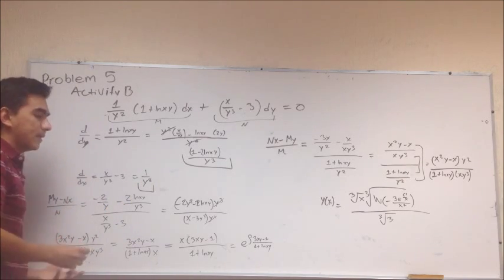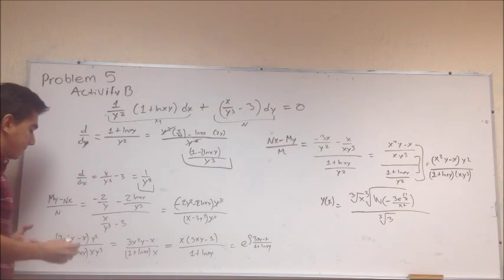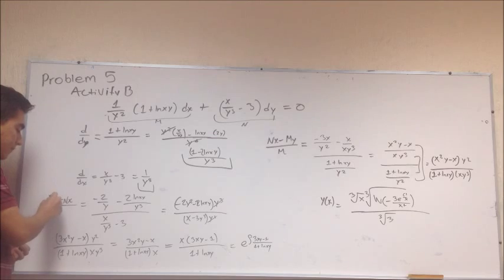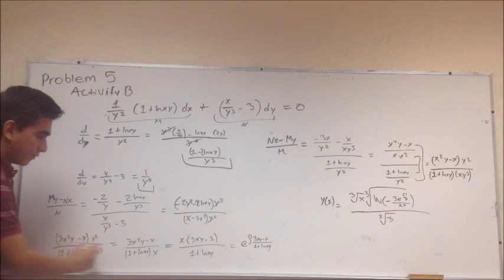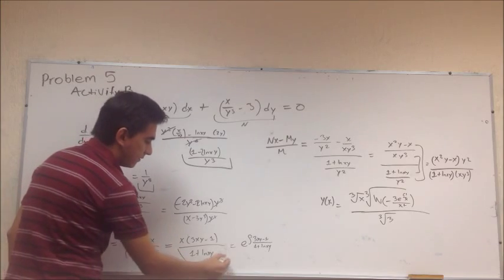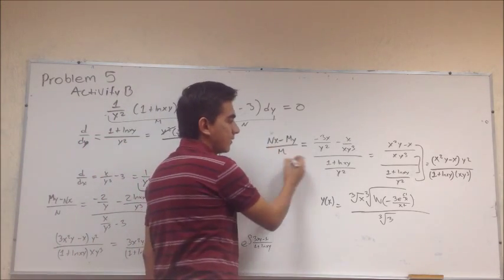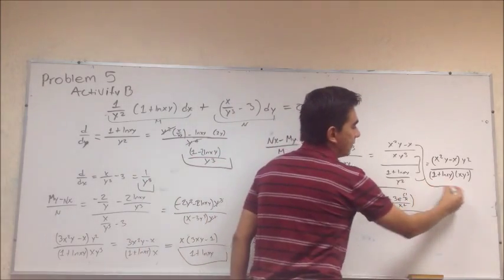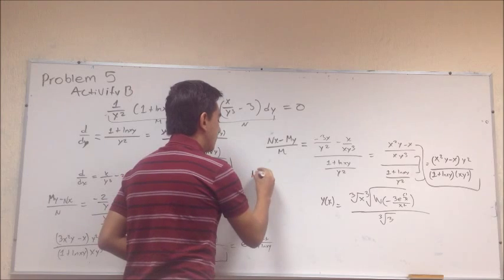Now we test both options of the formula. First, the m of y minus n of x divided by n, and we obtain this. And then we test the second option, and it gives us the result. If we compare them, they are not exact.